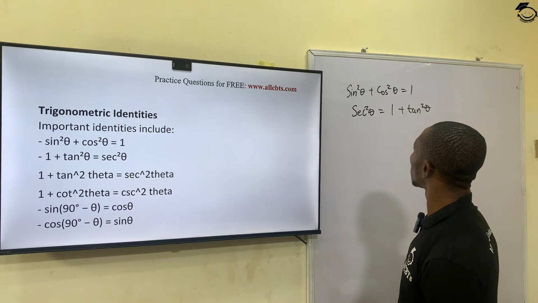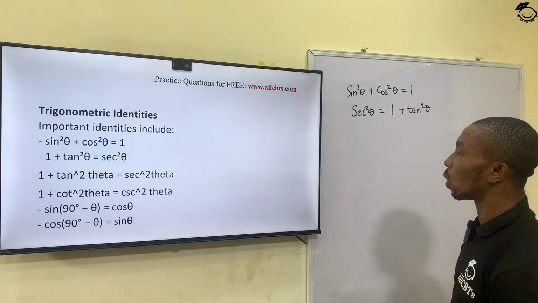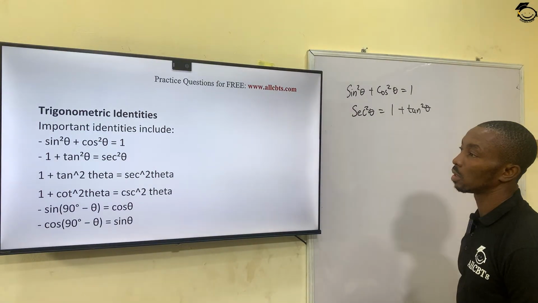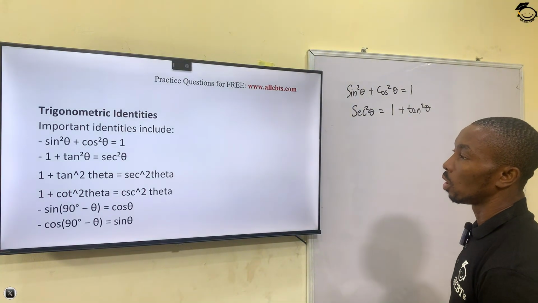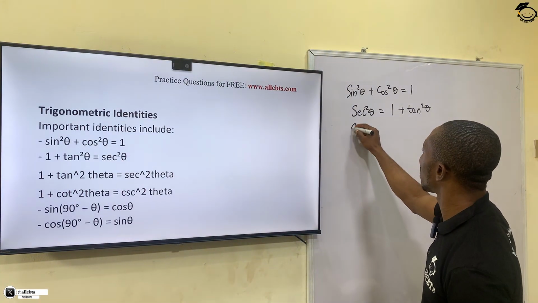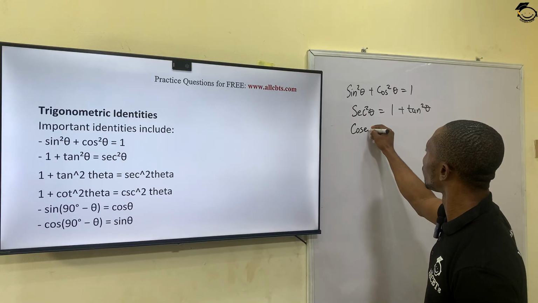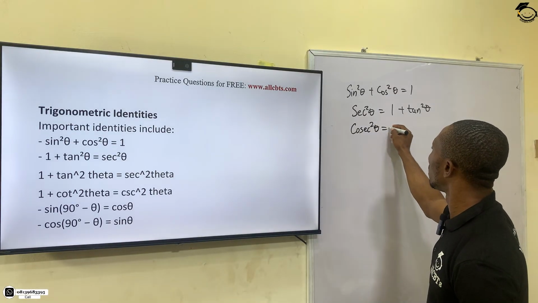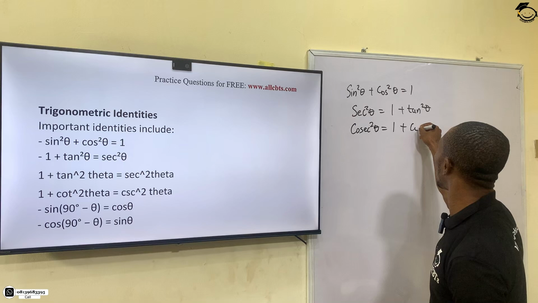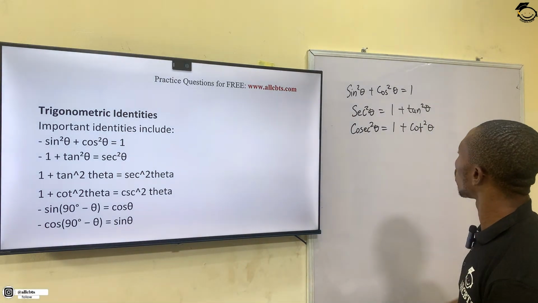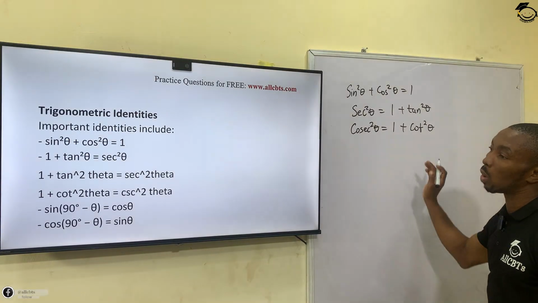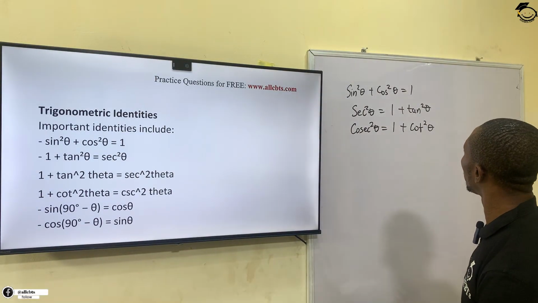Okay, sec squared theta equals 1 plus tan squared theta. And you have your cosec squared theta equals 1 plus cot squared theta. Okay, your cosec squared theta equals 1 plus cot squared theta.